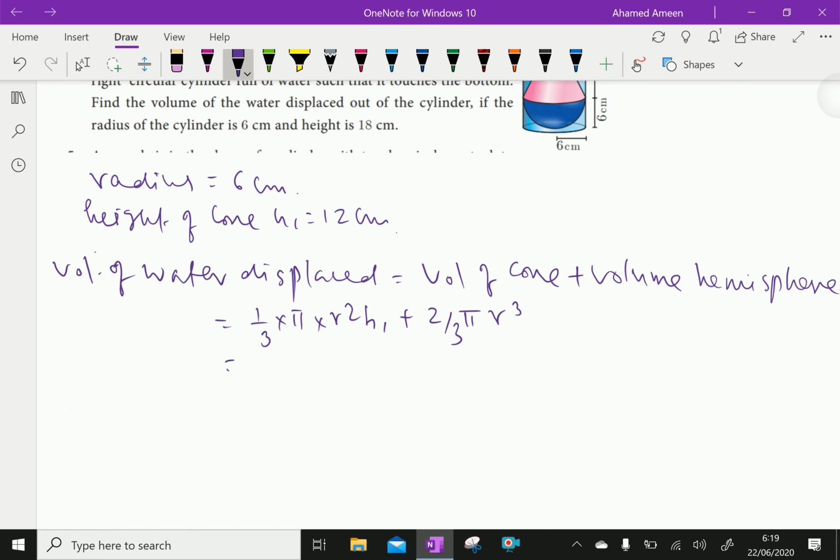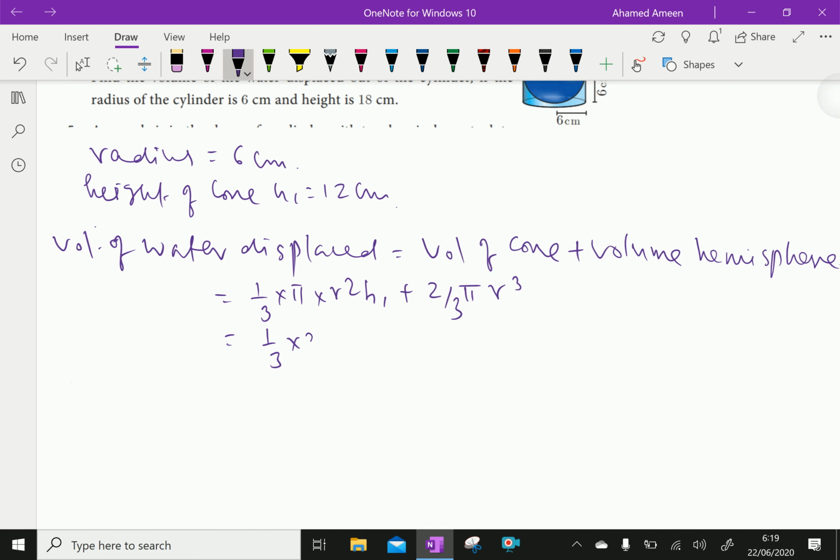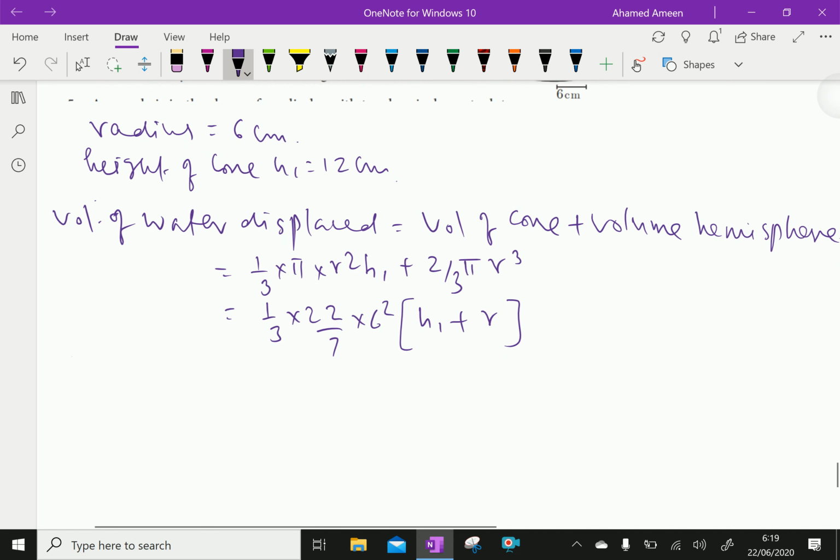Now we have 1 by 3, 22 by 7, and r squared common, r squared is 6 square, h1 plus r, because out of r cube, r square is taken out here.